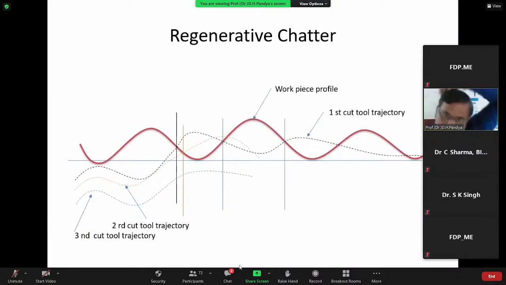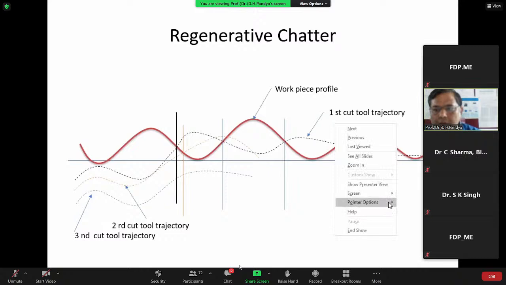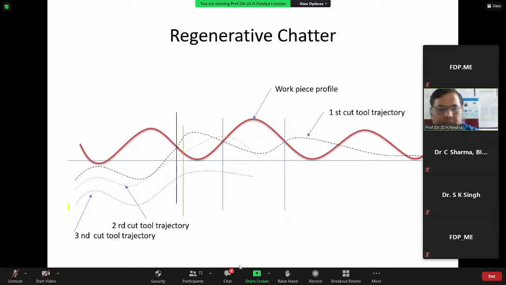This is the figure of regenerative chatter. As you can see here, the red line is the workpiece profile. Now our machining starts with this, our first cut tool trajectory.